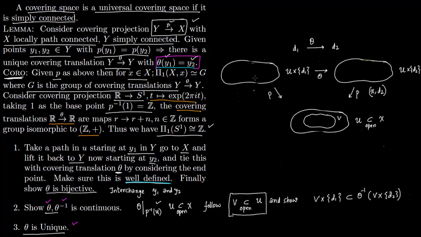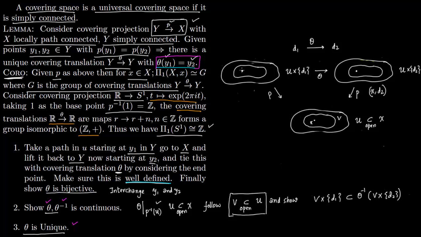So this V will also be here, and this V will also be here, simply because this is U, this is a copy of U, you're just putting an integer next to it, and this is also a copy of U, you're putting an integer next to it. So everything is clear, you're just taking copies. So if you take a point x here, this point also gets lifted here, and this point also gets lifted here, and theta will map this x to x here.